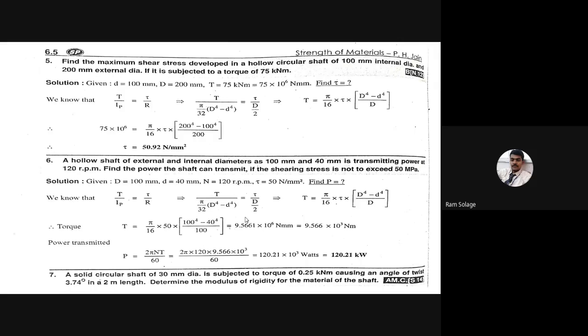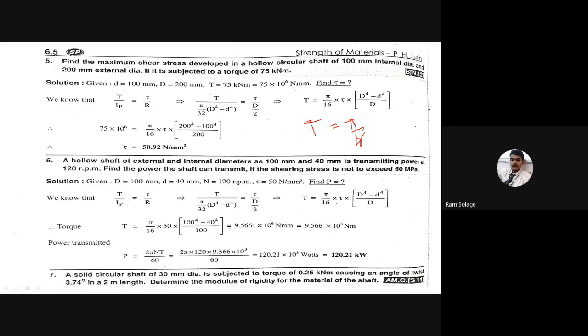Now these are the same problems. Only difference is that instead of solid shaft, they are taking the hollow shaft. What is the condition for hollow shaft? We have two diameters: one is inner diameter and the other is outer diameter. Already for solid shaft, we use the formula T is equal to pi by 16, which is a constant.